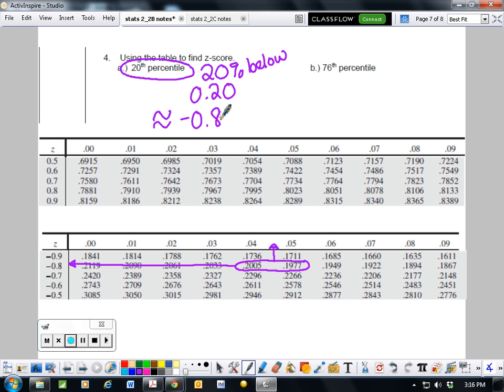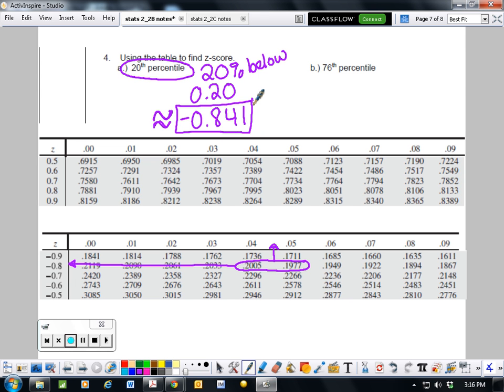Both would be approximately correct. Or I can look in between. I could do a 4, since it's closest to the 4, and then maybe go 4, 1, or 4, 2. And again, because I put approximately, using that table allows me to find that z-score.